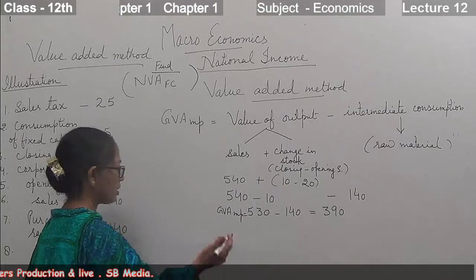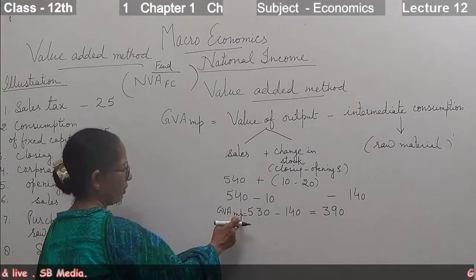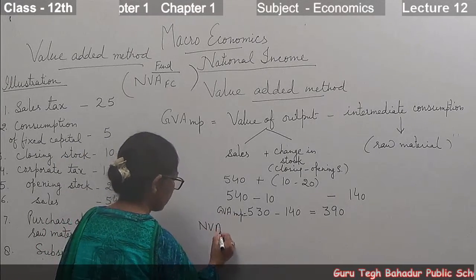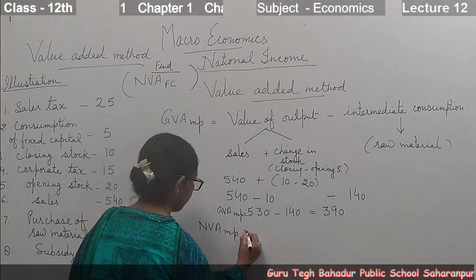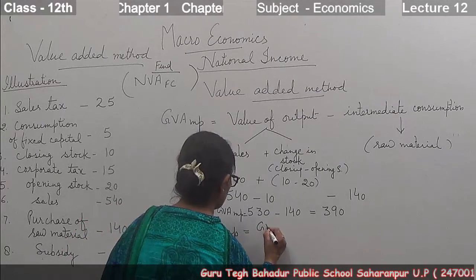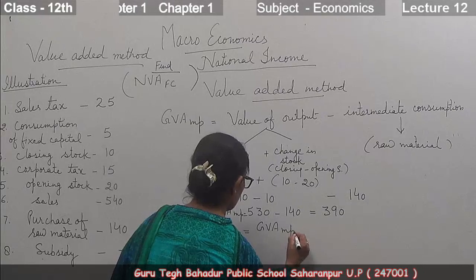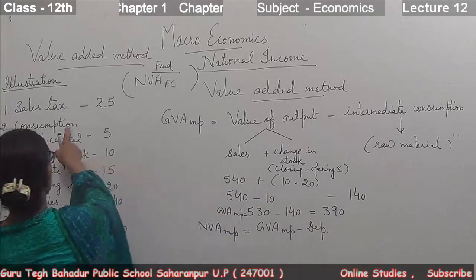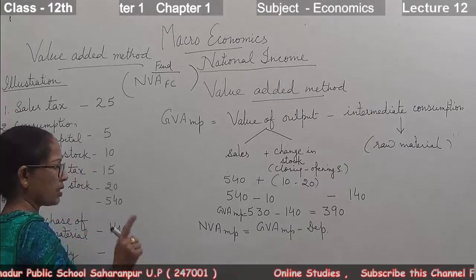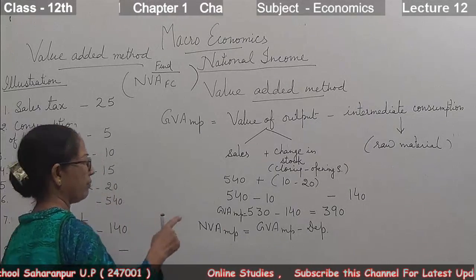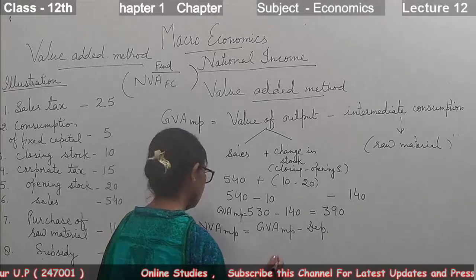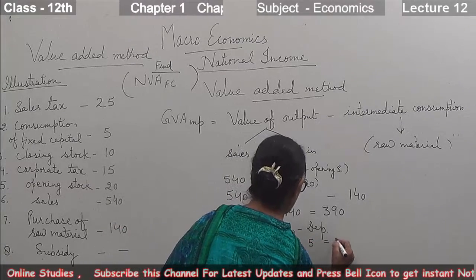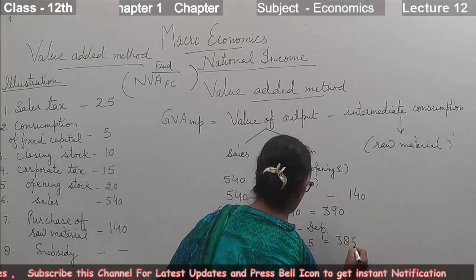Next step, we will convert GVA-MP into NVA-MP. Step by step we will continue it. NVA-MP is equal to GVA-MP minus DEP. DEP is consumption of fixed capital. You must learn it's the other name of depreciation. So 390 minus 5, that is 385.